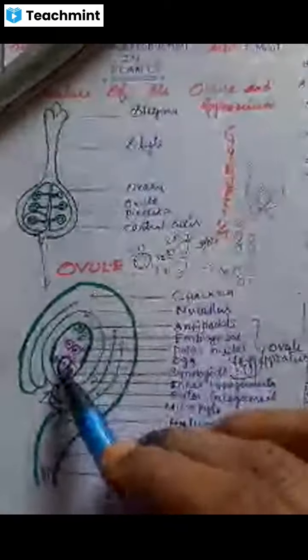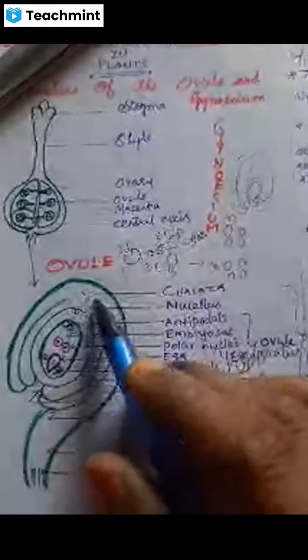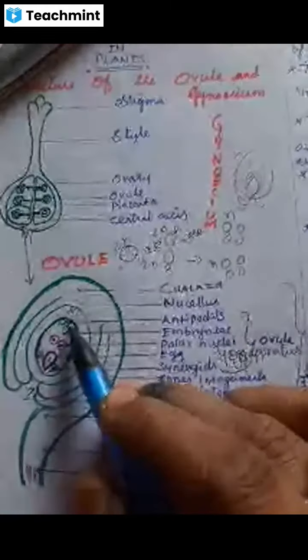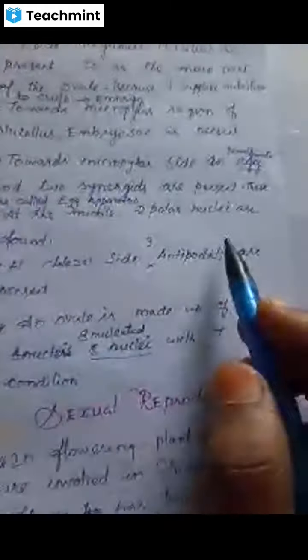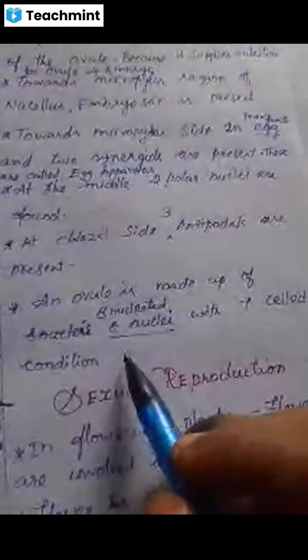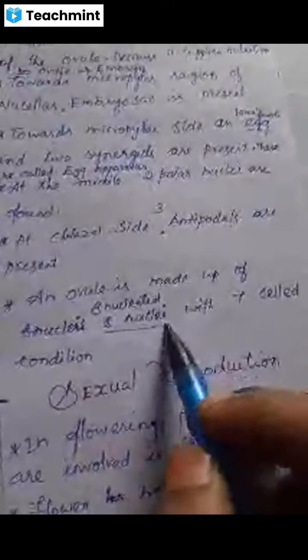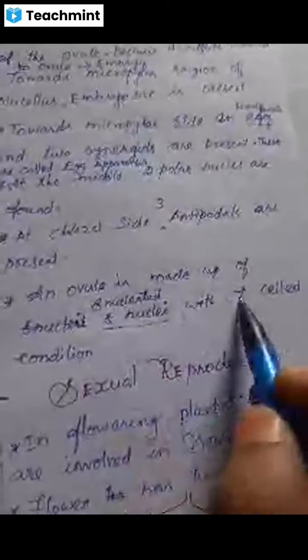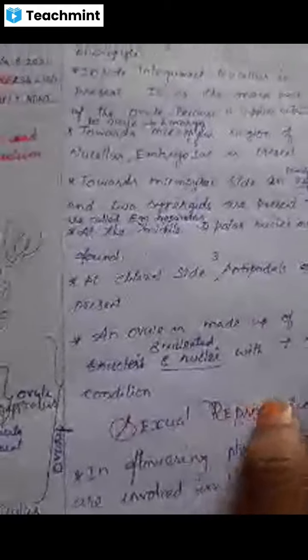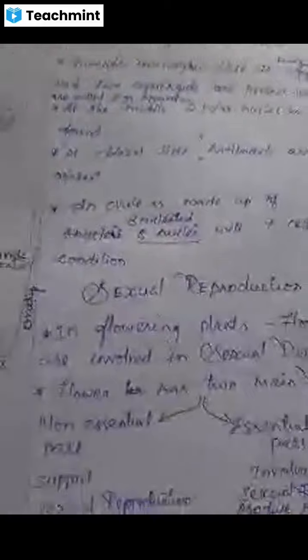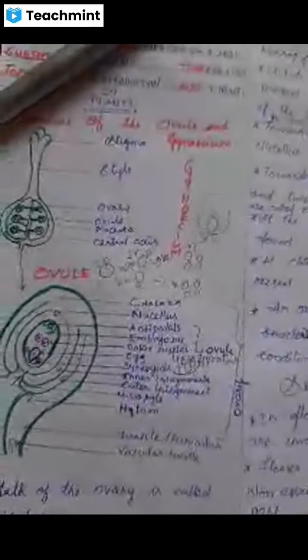This is the micropylar side and this is the chalazal side. An ovule is observed as eight nucleated with seven celled condition. This is the climax of the ovule, a separate seven-mark question you should be familiar with.